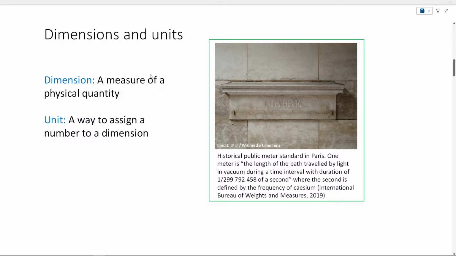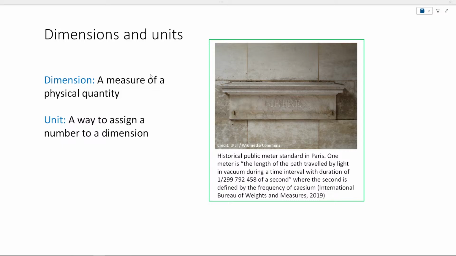So what are dimensions and units, and what is the difference between them? As an engineer or a scientist, fundamentally what we are doing is measuring physical quantities. We are measuring these physical quantities either to understand or to design a system.